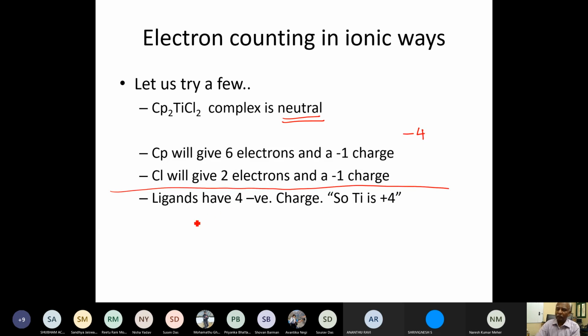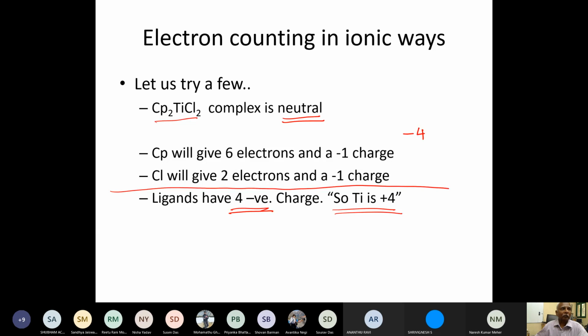And because the ligands have a -4 charge, the titanium must be +4. If this whole system has to be neutral, titanium has to be +4. So if titanium is +4, then obviously the metal is not giving any electrons to the system.